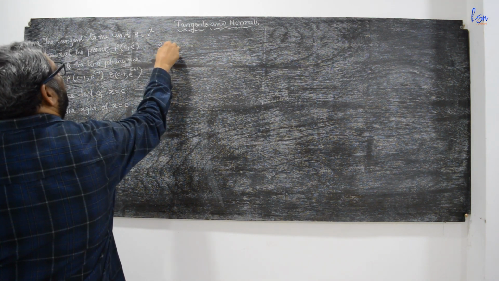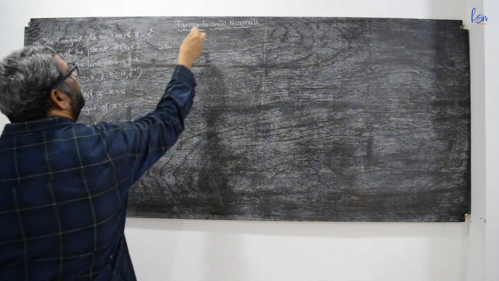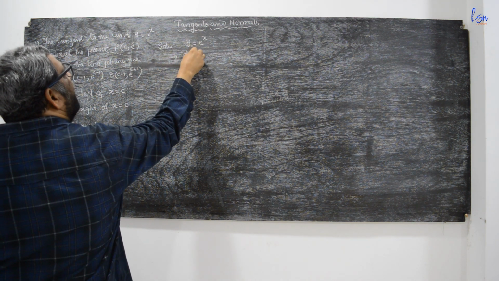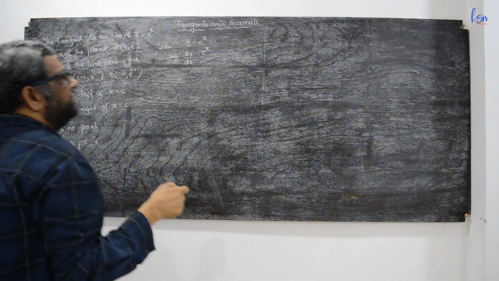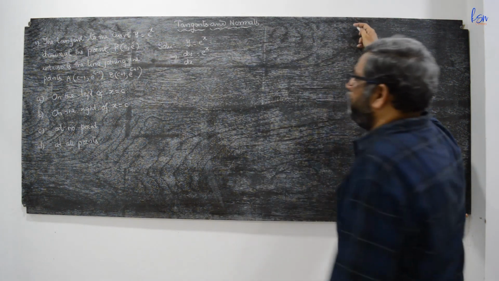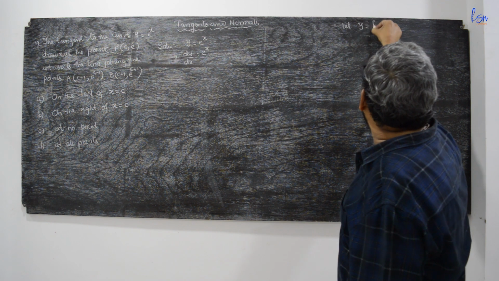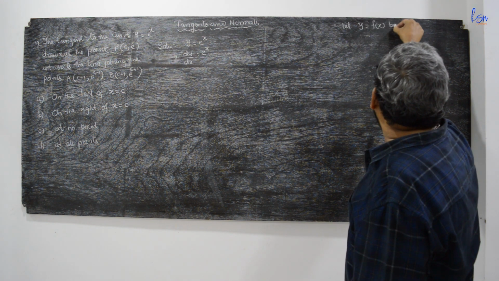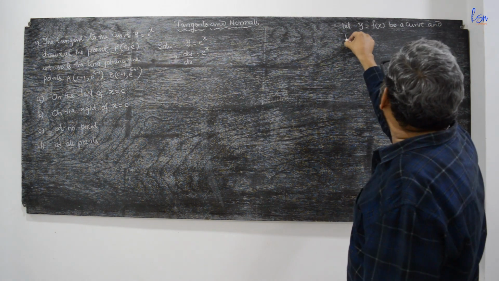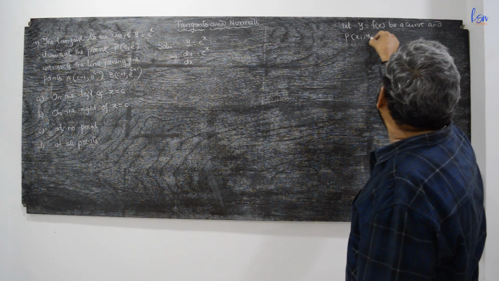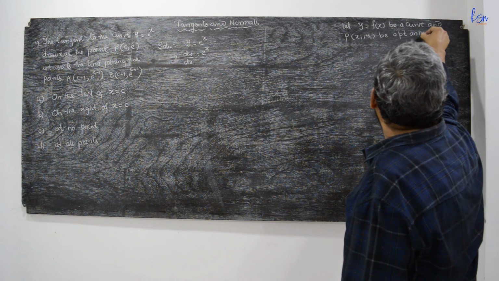Now, the given curve is y equal to e power x. Differentiating it, dy by dx is equal to e power x. We will look into a few formulae here. Let y is equal to f(x) be a curve and P(x1, y1) be a point on the curve.